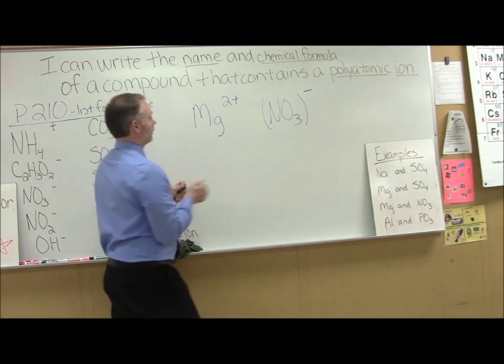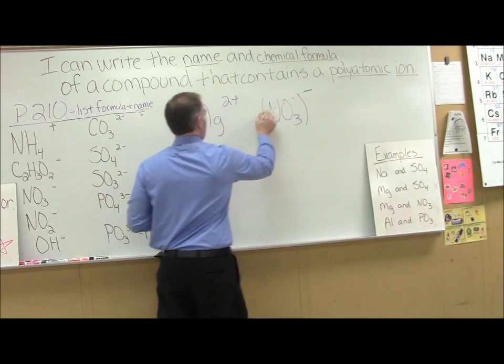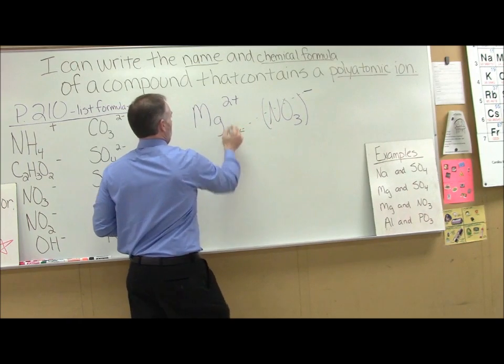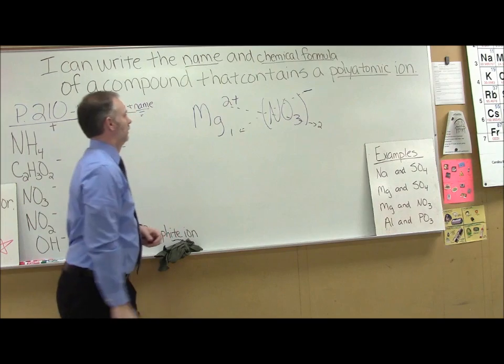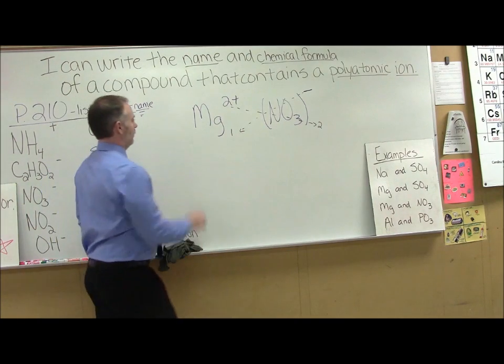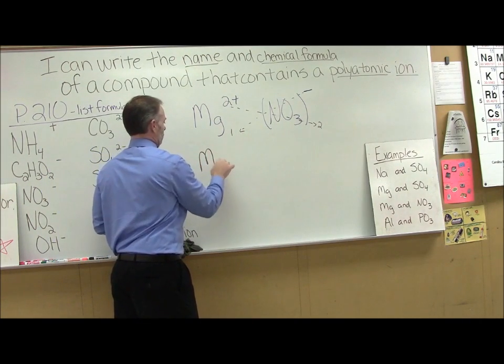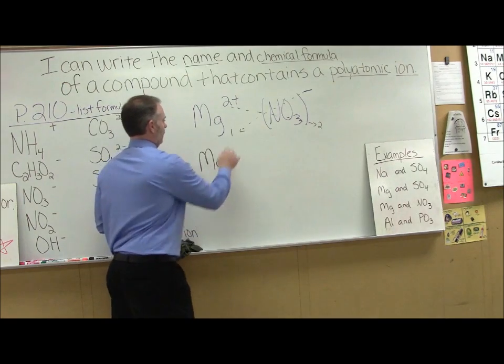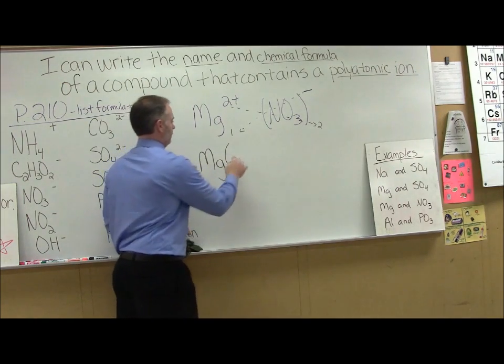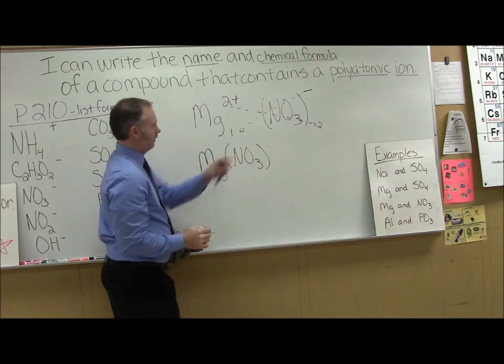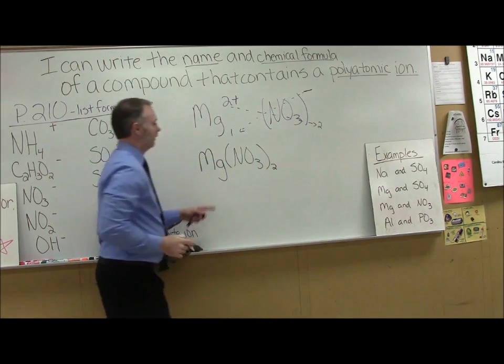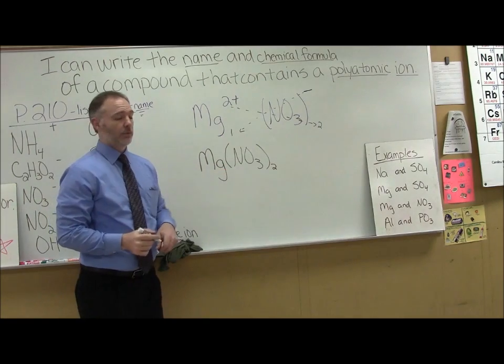So now we're going to crisscross to write our formula. So now it's 1 magnesium, our nitrate, there's 2 of them. So now I have to write the parentheses.